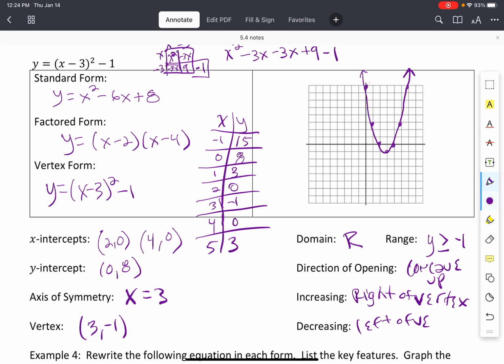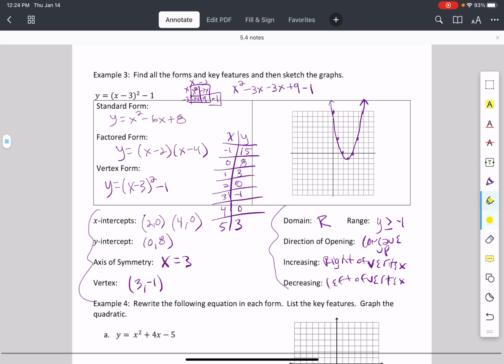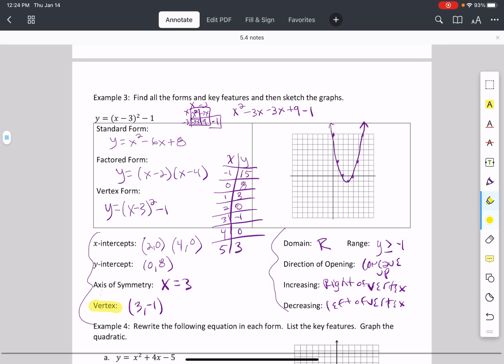Good. Okay, so now here's the big point of our lesson, right? I should be able to get all this information without graphing. Graphing makes it easier, but I can get it without graphing. So here's our vertex.